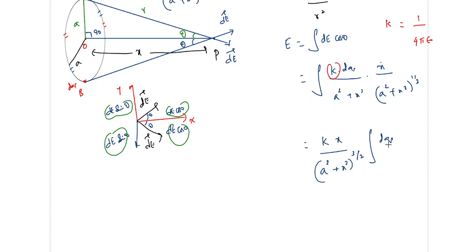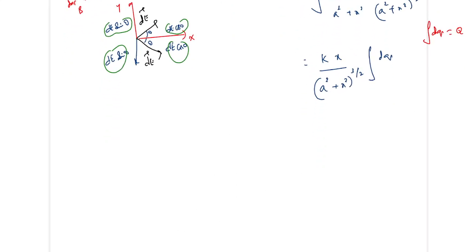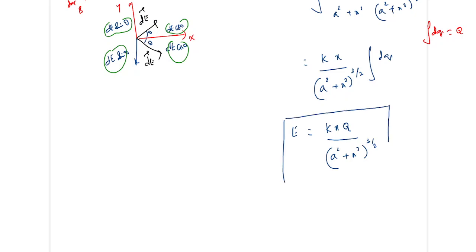If we add all the small elements, then what we get would be the total charge capital Q. Therefore this is equal to k x capital Q by (a square plus x square) power 3 by 2. So this is the expression for electric field.